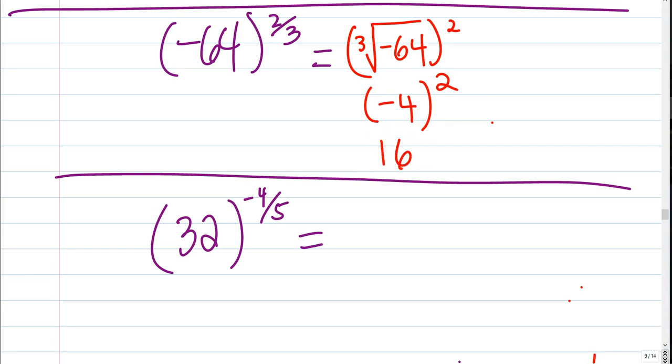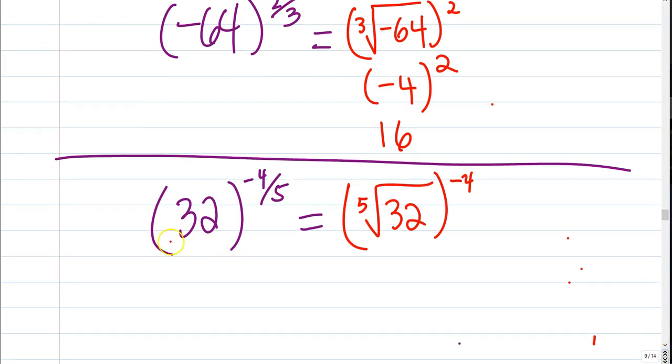32 raised to the negative 4/5. Our root, fifth root of 32 to the negative, what a mess. You could do it this way, or before you did anything, you could have actually flipped it and made that 1 over 32 to the 4/5.